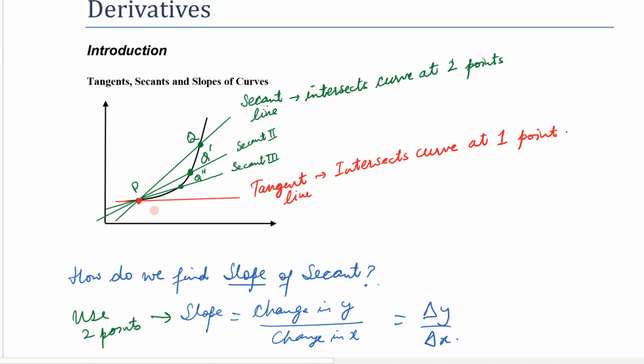So we can use limit information to find the slope of the tangent line.